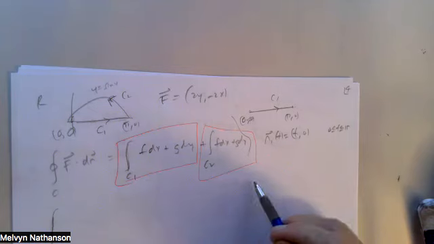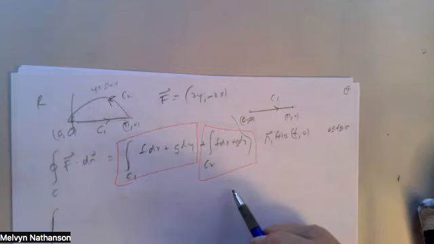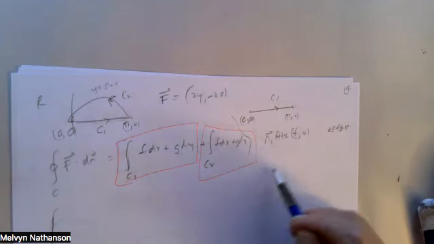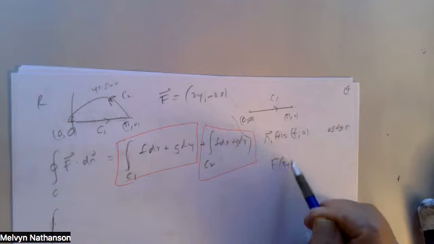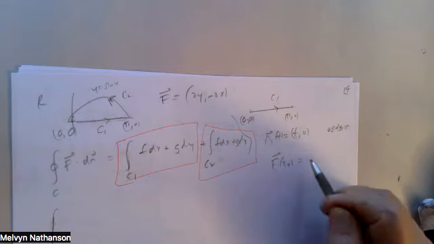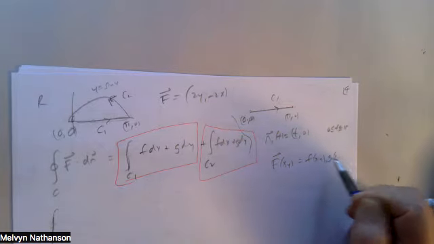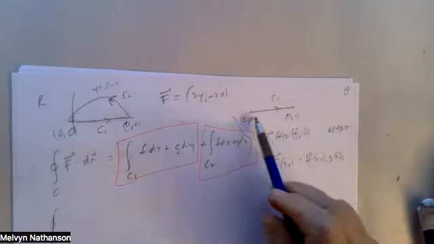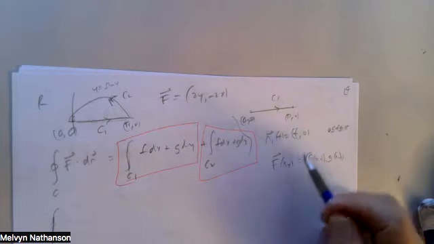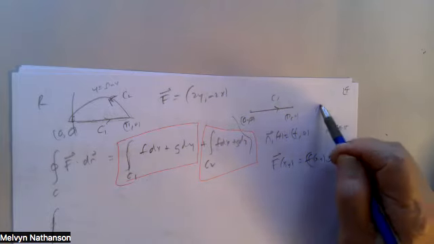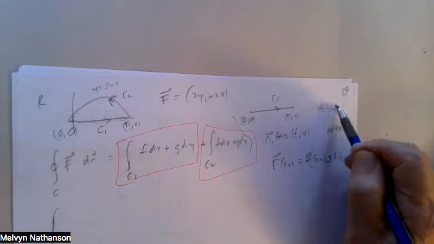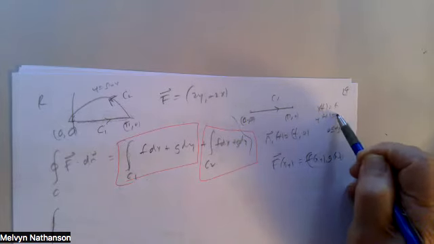The vector field F of x, y has coordinates little f of x, y and little g of x, y. If you evaluate that on this curve, x of t is t and y of t is 0.